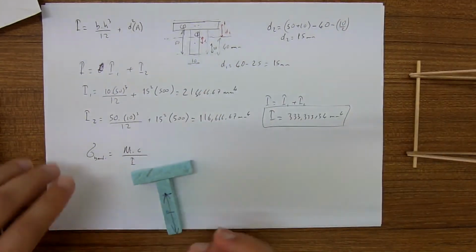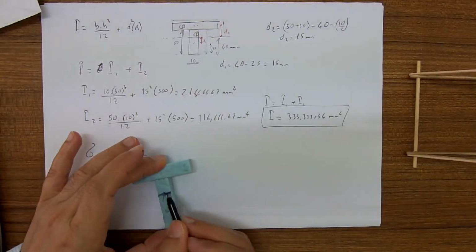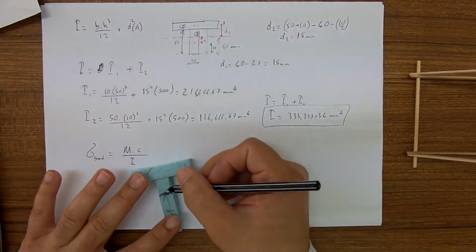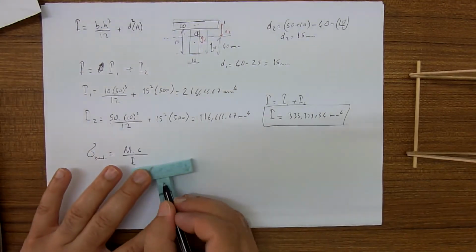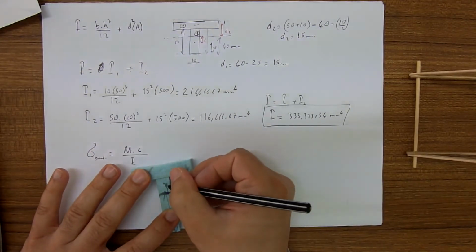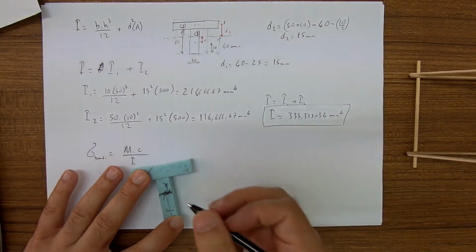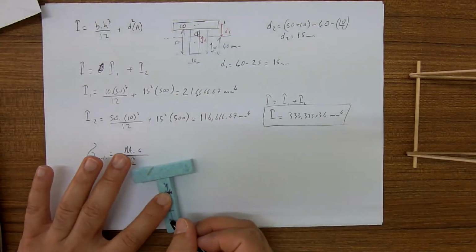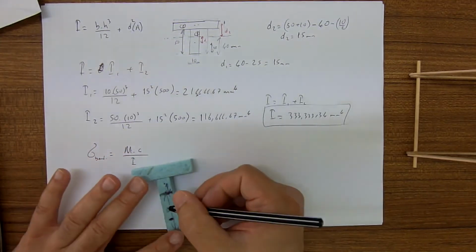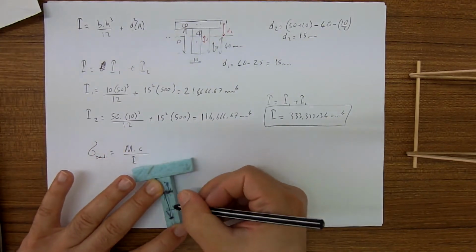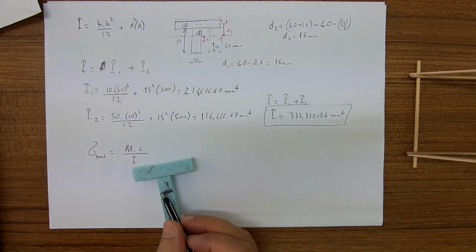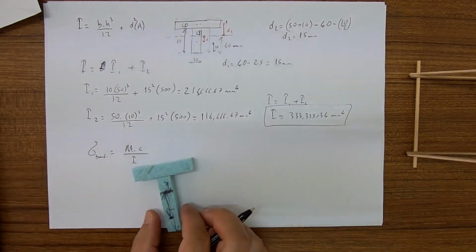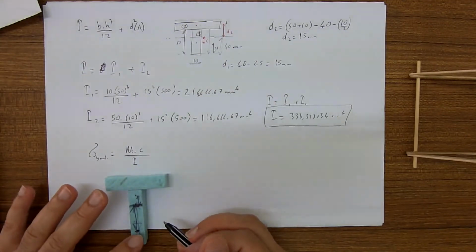So if this was our centroid and we want to find the bending stress at this point, the c will be this distance between the point of interest and the centroid.